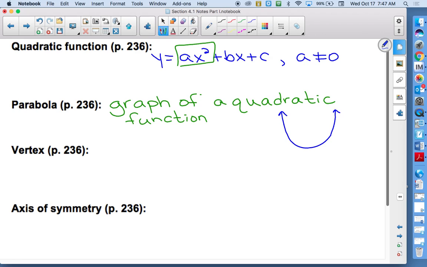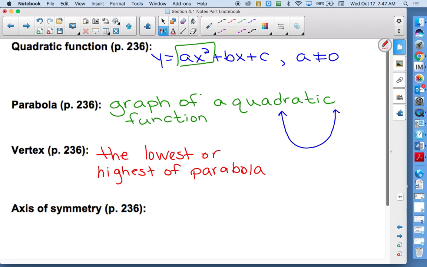The next term underneath, we have vertex and axis of symmetry. They kind of go together. Abby, what did you have for the vertex? The lowest or highest point of the parabola. Yeah, so a vertex is the lowest or highest point of the parabola.